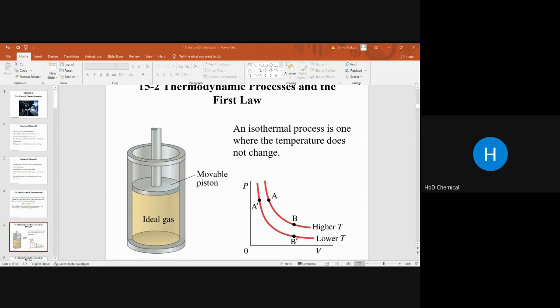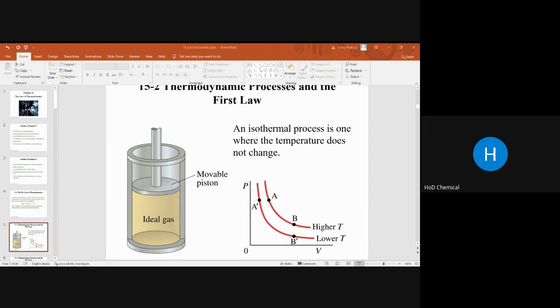Now, how do the isothermal, isobaric, isovolumetric, and adiabatic processes affect the first law? The basic is the first law of thermodynamics. The first law, delta U equals Q minus W, predicts delta T equals 0 makes delta U equal to 0.